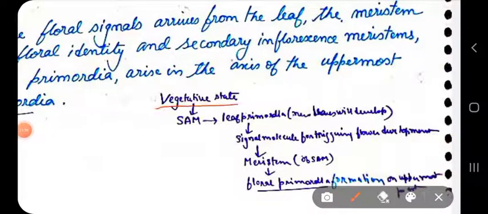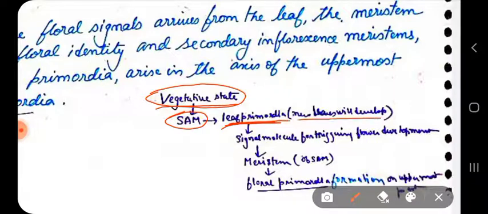So during the vegetative state, the shoot apical meristem triggers the growth of leaf primordia. From the leaf primordia, new leaves will develop. Then a signaling molecule appears, and that signal molecule triggers the shoot apical meristem for flower development.